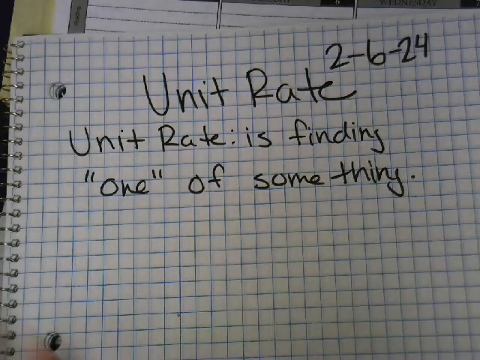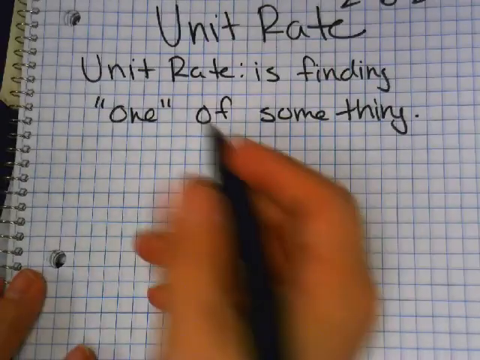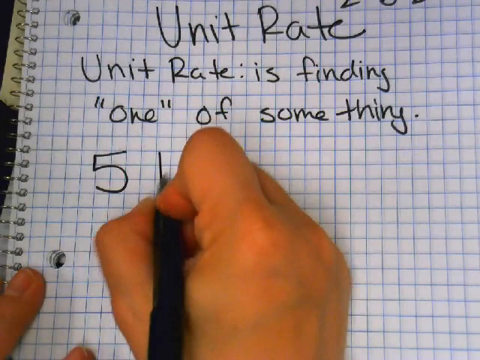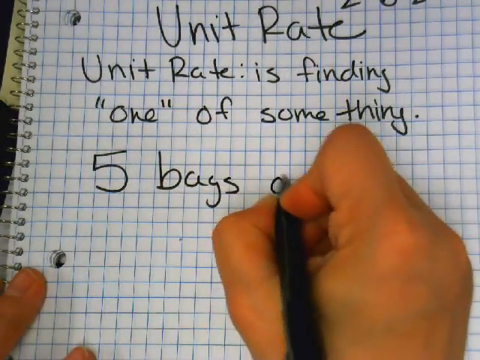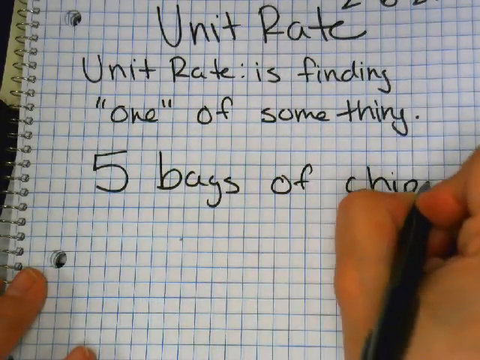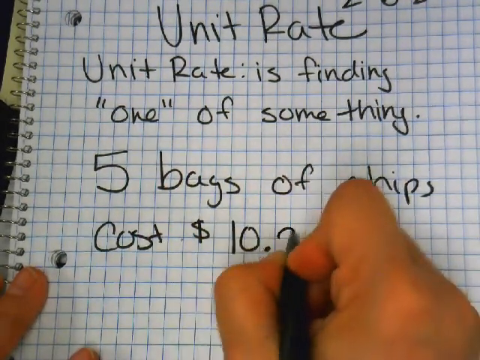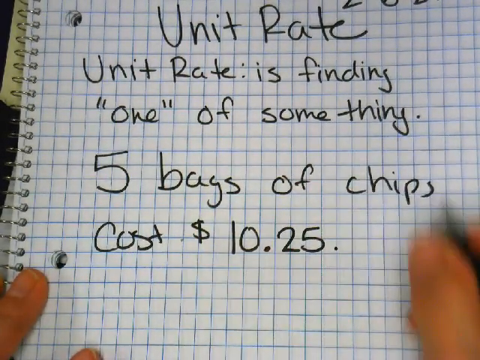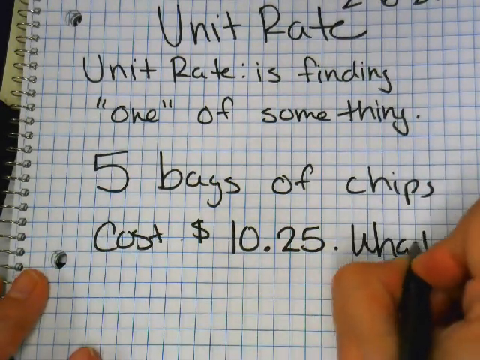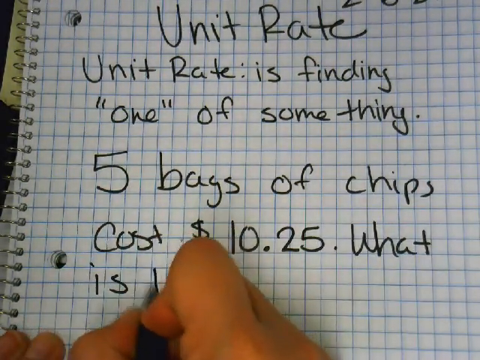So let's start. We're only going to do 2 word problems in our notebook today. 5 bags of chips cost $10.25. It's a party size, for the Super Bowl.